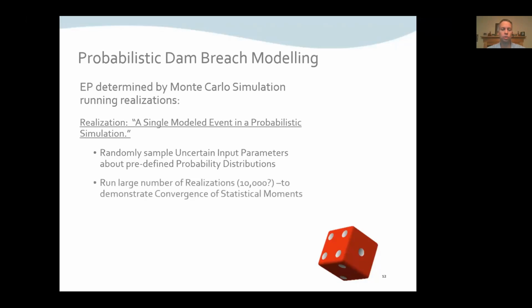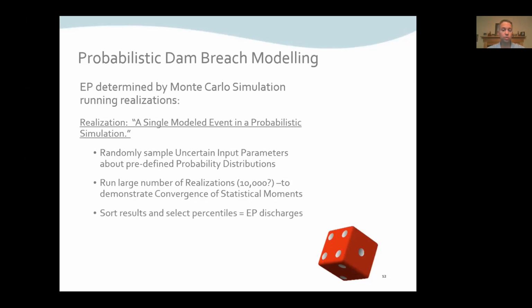Then you run a large number of realizations. I'm putting this number 10,000 out there, and I'll show you why in a few slides, but this gives you an idea right off the bat what we're talking about. A lot of realizations to do this for 10 to 12 degrees of freedom here. But we do this so that we can demonstrate convergence of the statistical moments of your output.